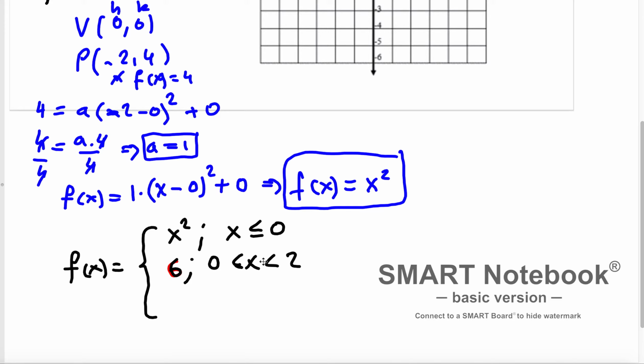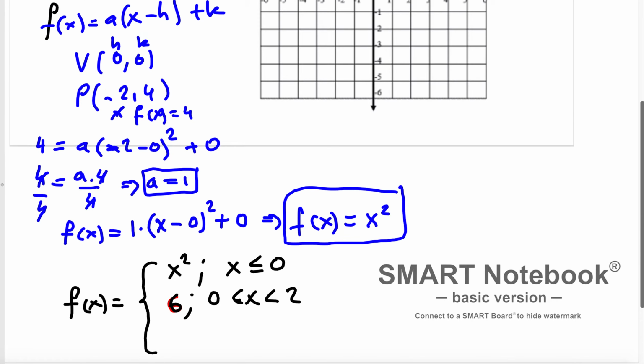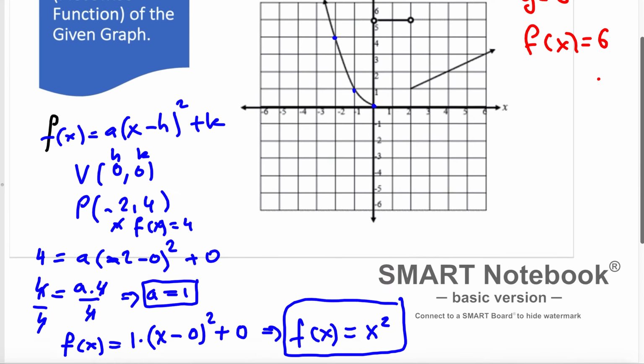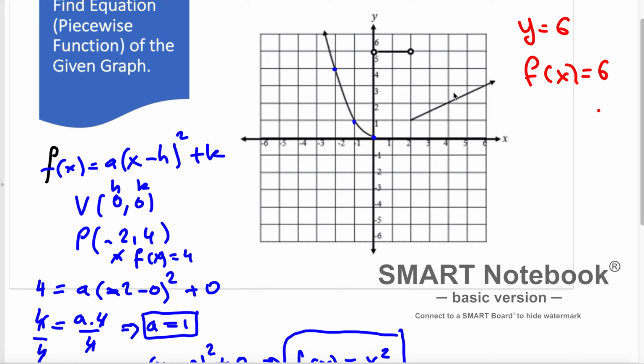Now I'm going to look for the last equation, for the last graph. If we look at this graph here, we need to find 2 points in order to find the slope. Let's say this is P2 and this is P1. Point 1 is x is 2 and y is 1, so 2 and 1.